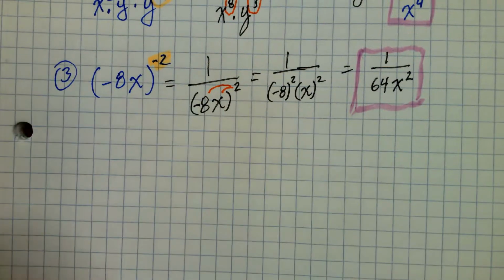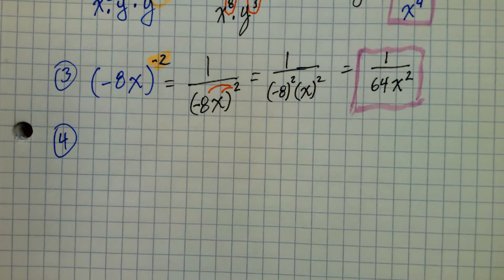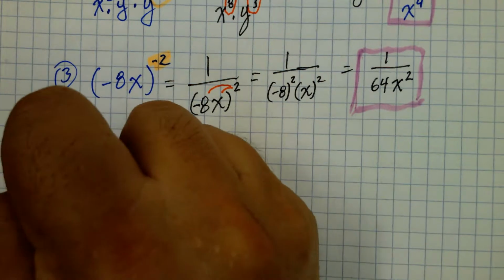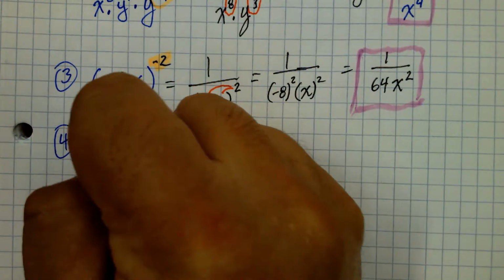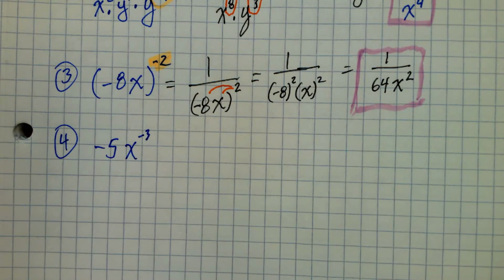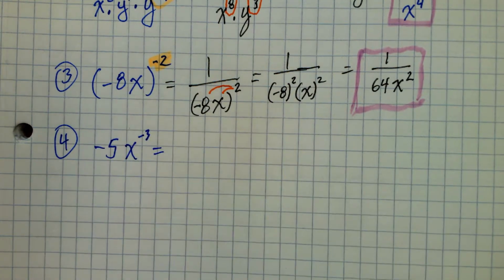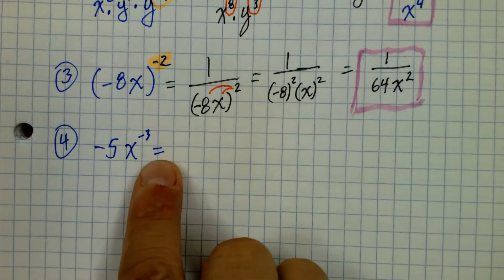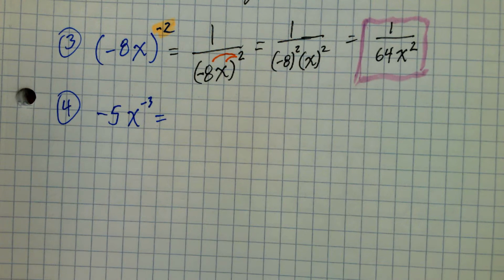Number 4. Let's do negative 5x to the negative 3. No parentheses. So the first question I asked before we figure this out, what is being raised to the negative third power? Just x. So who do you want to make happy? Just x.